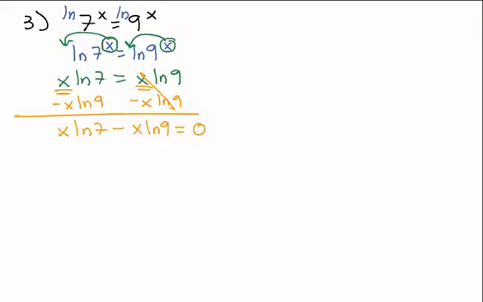And then we know once we have all the x's on one side, we can factor out that x, leaving behind natural log of 7 minus natural log of 9 equals 0. It's x times that stuff. So to figure out what x equals, we divide by that factor of natural log of 7 minus natural log of 9.